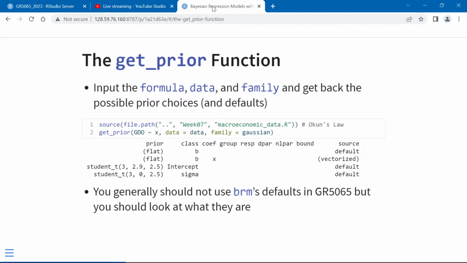One thing that's kind of on the edge of invisible is that the default priors for class b, which is the regression coefficients, have by default a flat prior, which is a euphemism for improper, which is not good. It's often not as bad in practice as it is in theory.